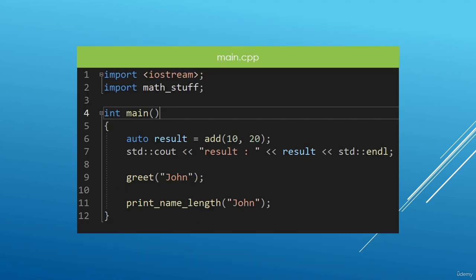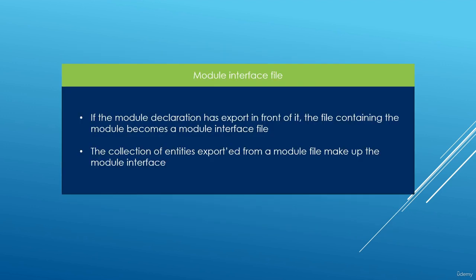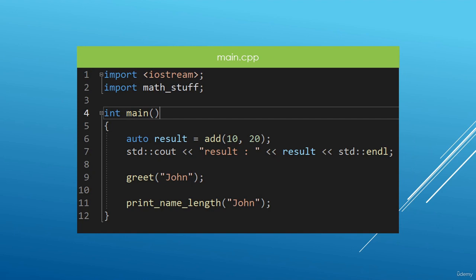Okay, here is the main CPP file that tries to import our module. Notice that we are also importing IOStream because we are trying to print things out here. A few facts before we try and run this code. If a module declaration has an export in front of it, the file containing the module becomes a module interface file.